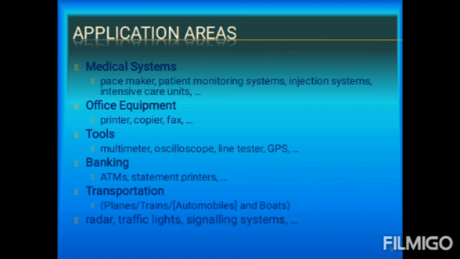In tools, we use embedded systems in multimeter, oscilloscope, line tester, GPS tracker. In banking, ATMs and statement printers. In transportation, we use embedded systems in flights, trains, boats, radar systems, traffic lights, and signaling systems. These are other examples.